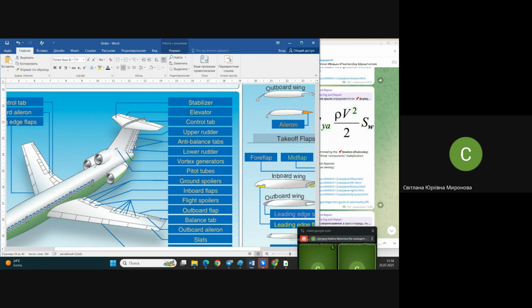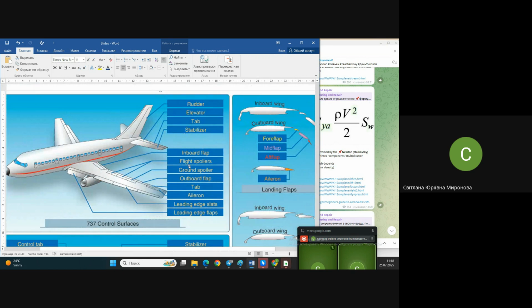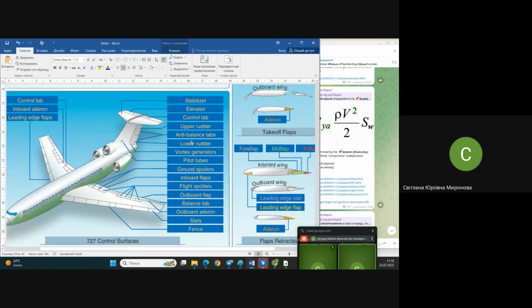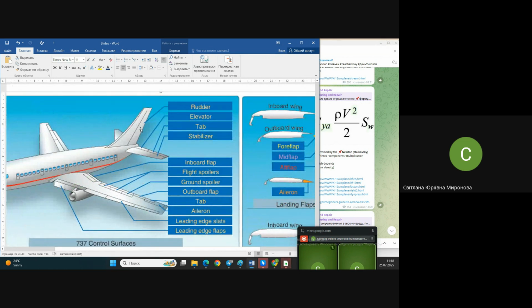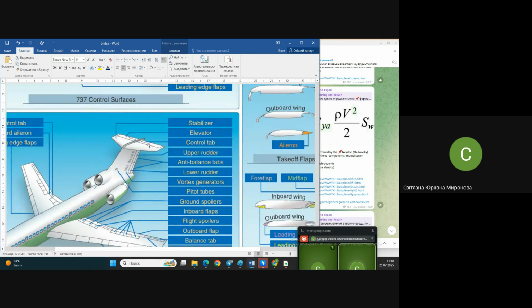Altogether it seems like four sections, but here they call it anti-balance. Look at this, anti-balance steps. More probably it comes to two sections of rudder and trimming devices there. Stabilizer, elevator, and pay attention also to the elevator. They also have what they call a control tab, some trimming surface.